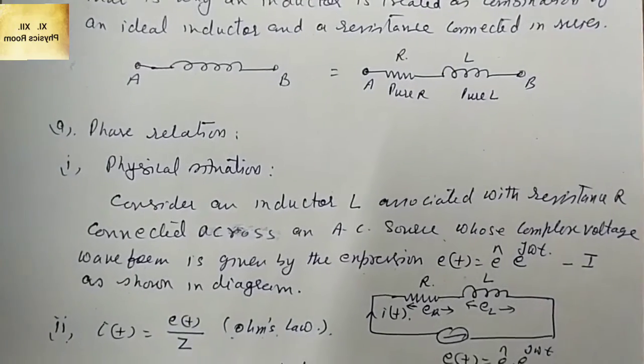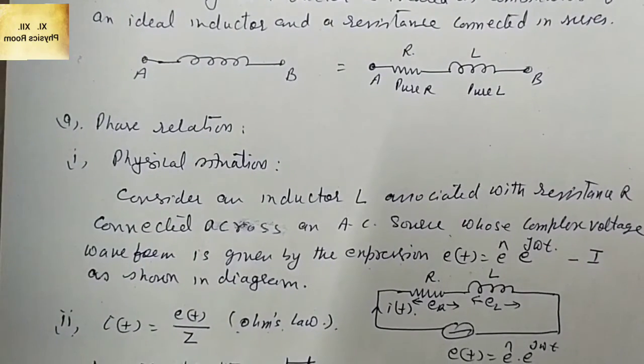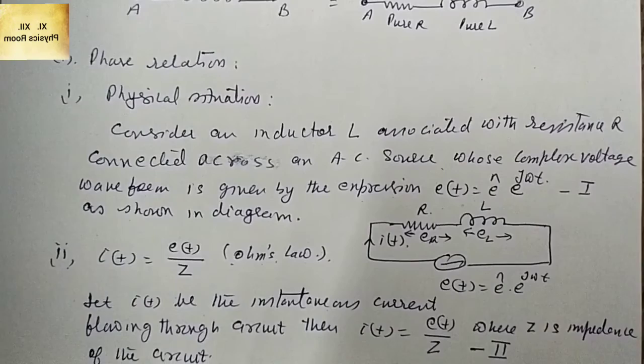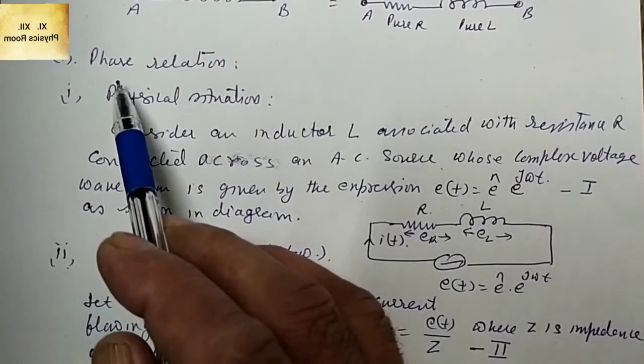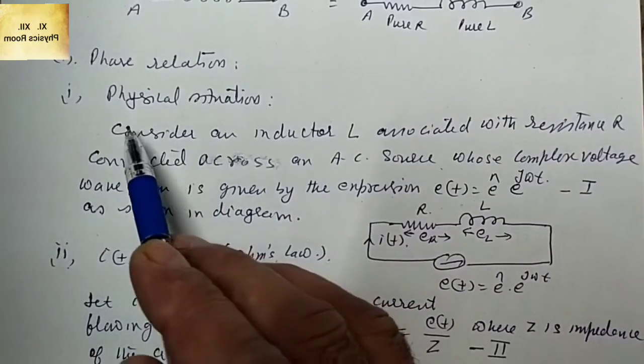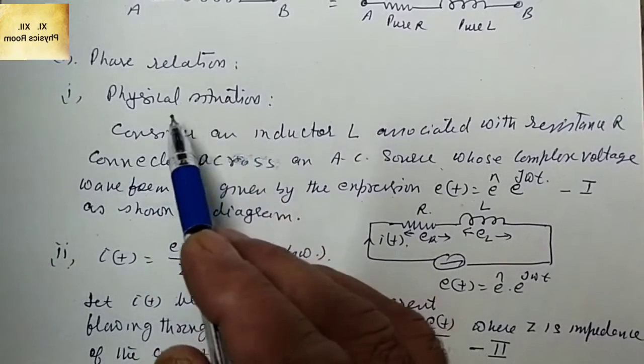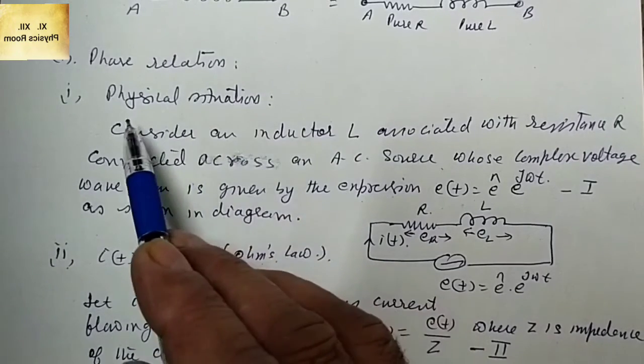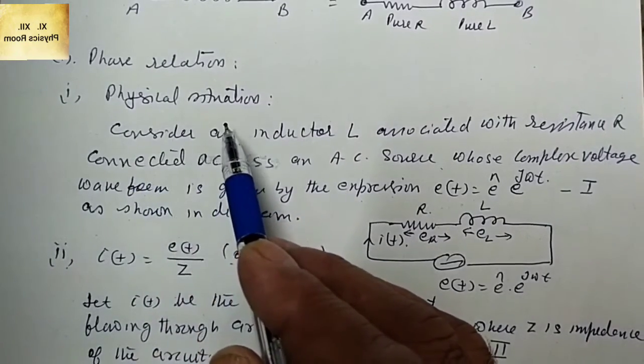Now the first point, we have to discuss phase relation. Out of the 5 steps that are to be followed, the first step is the physical situation.